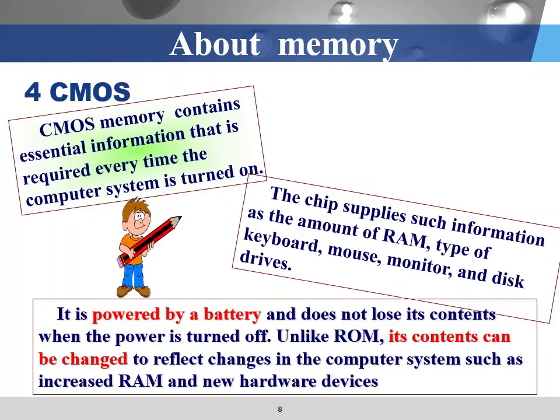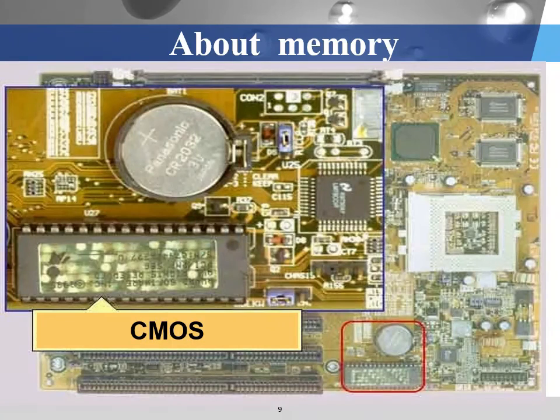And this information can be changed by the user. When you turn on your machine, you can go into the CMOS to change the system time. Here is the CMOS, and we have a small battery here because this is the desktop main board.